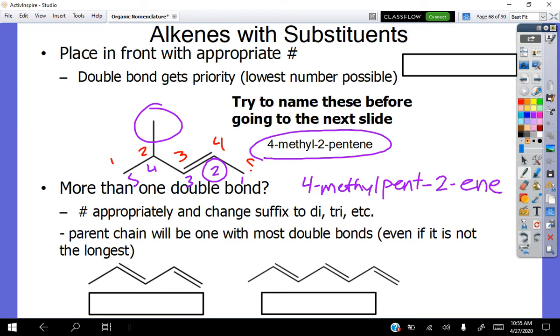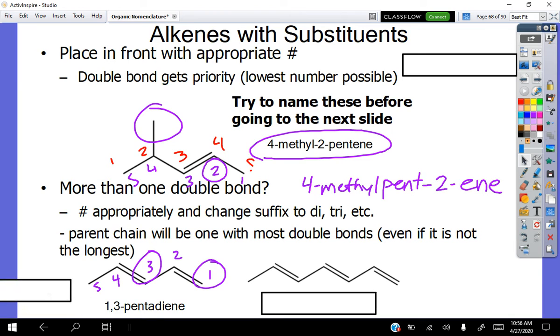In this second example, we have to number from left to right. So we have 1, 3, and this is a 5-carbon chain. So penta, and then we need the prefix diene. So 1, 3, penta, di, because there's 2 double bonds, and then ene.